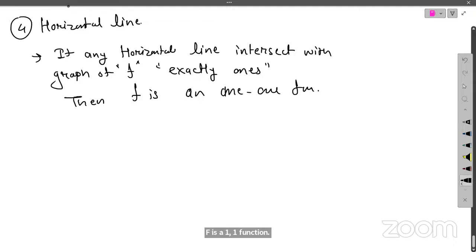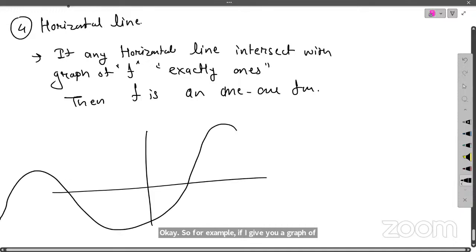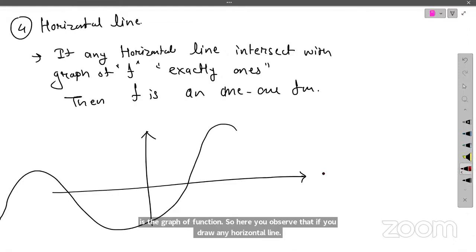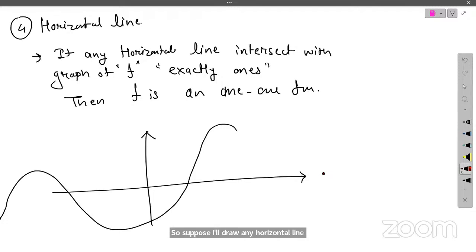For example, suppose this is the graph of a function. If you draw any horizontal line, that horizontal line should intersect the graph of the function exactly once, right? Because wherever a horizontal line intersects, it gives you a pair of input and output.